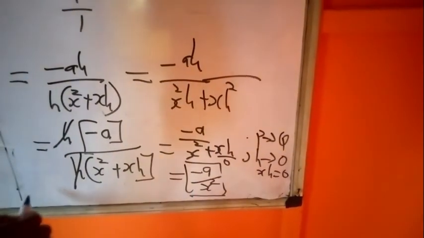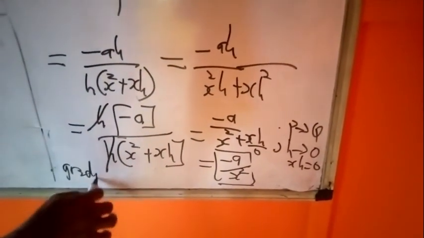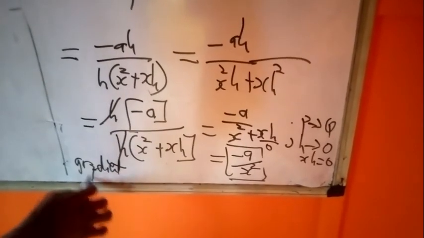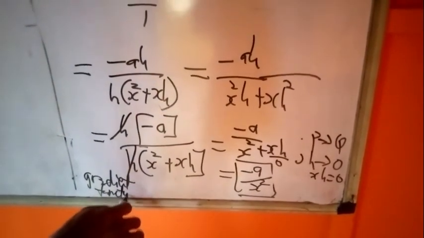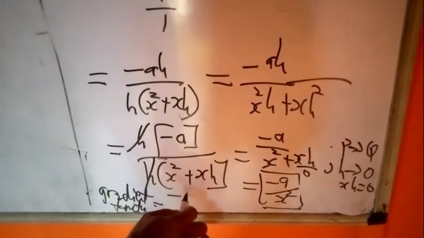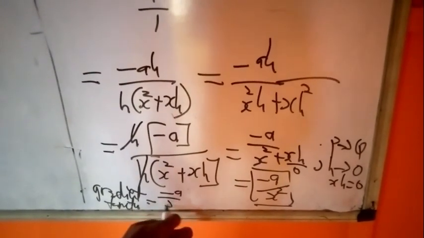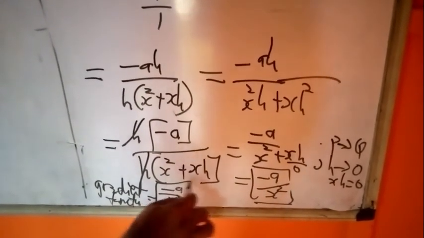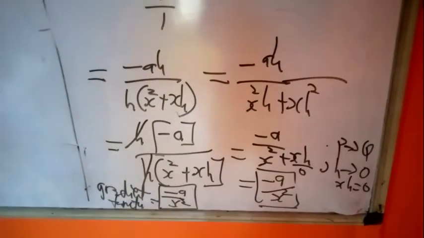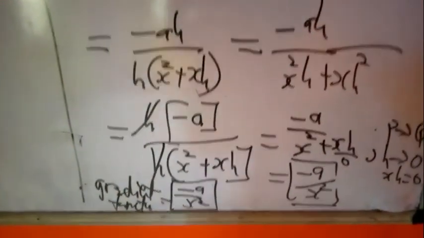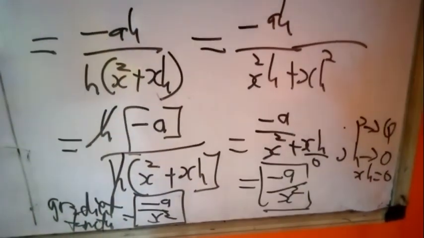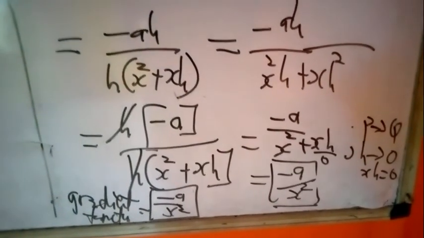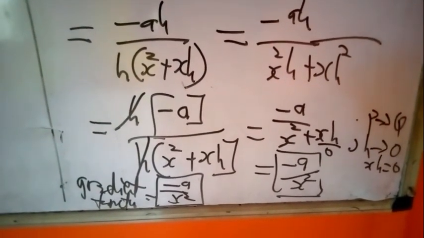So that is the gradient function. So the gradient function for y equals a all over x is minus a all over x squared.